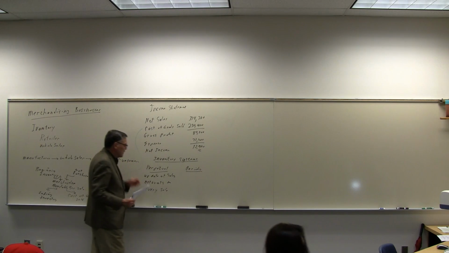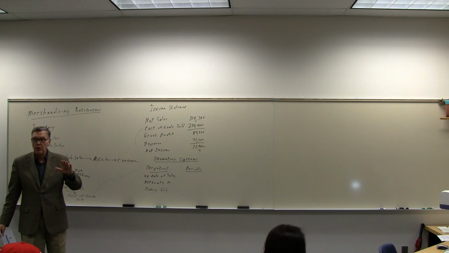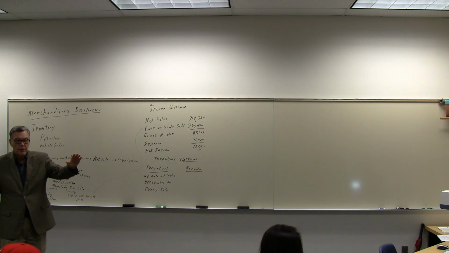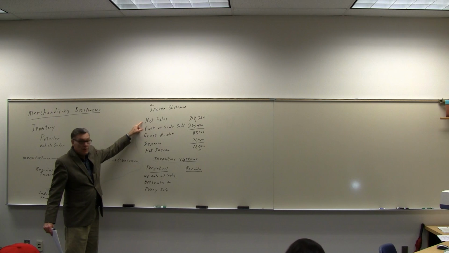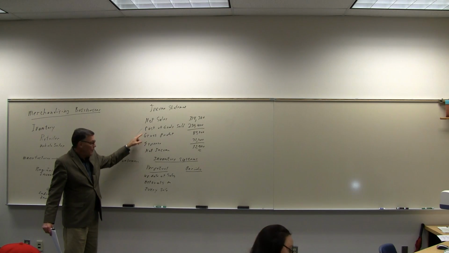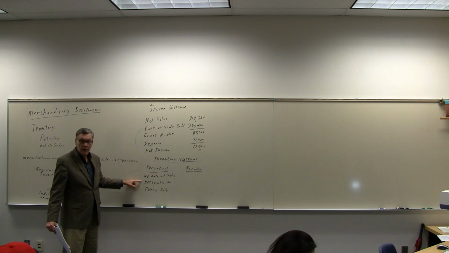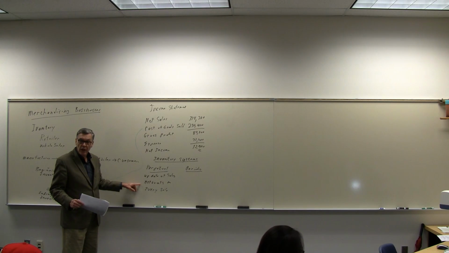So what that means is, if you buy something from a store, you know they have that barcode on there? When that clerk runs the barcode across the scanner, then sales is updated, cost of goods sold is updated, and then inventory is reduced. So all those accounts are updated in every sale. The advantage to this is all the accounts are current and you can manage your store better.